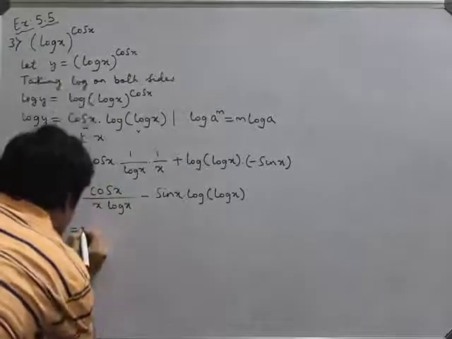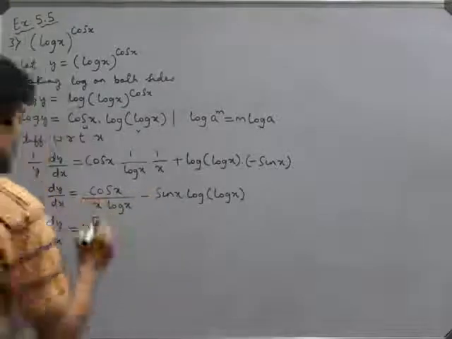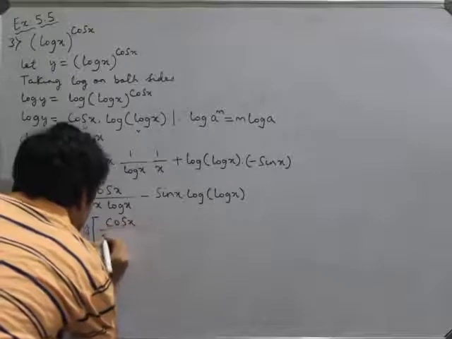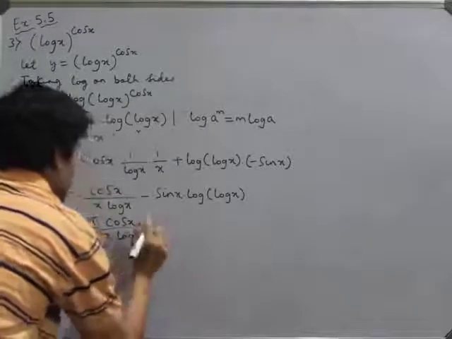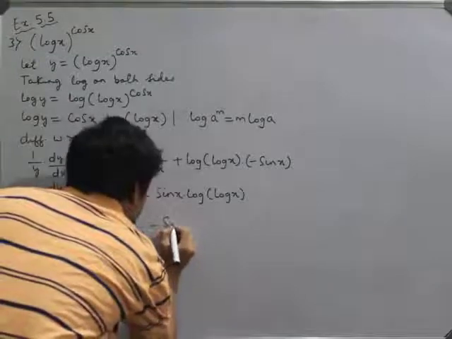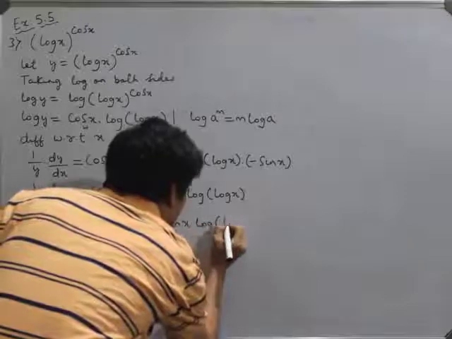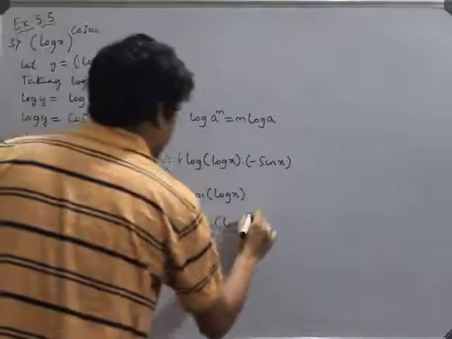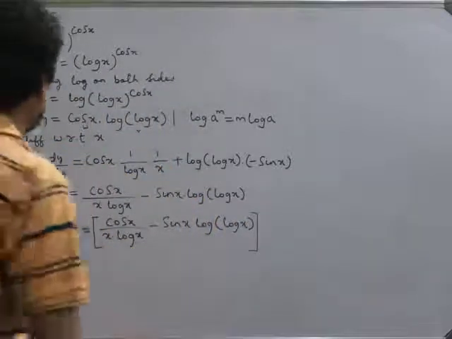Dy by dx is equal to y into, write this term, cos x by x into log x minus sin x into log of log x. Now put the value of y, that will be your final answer.